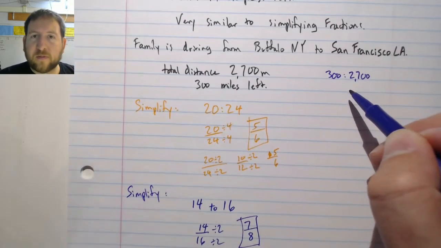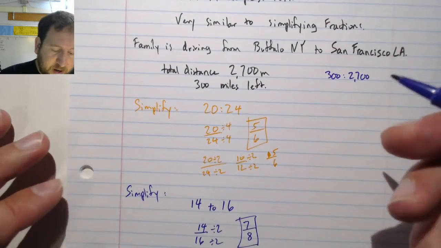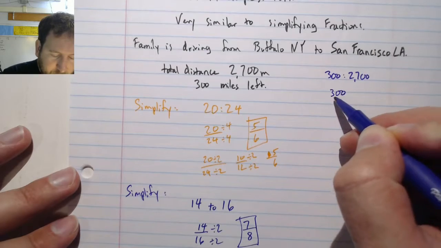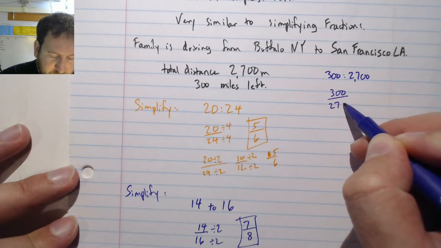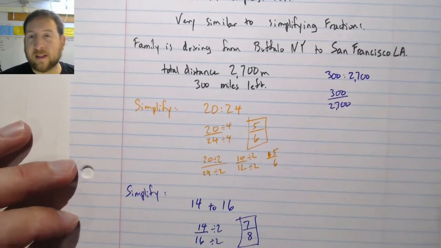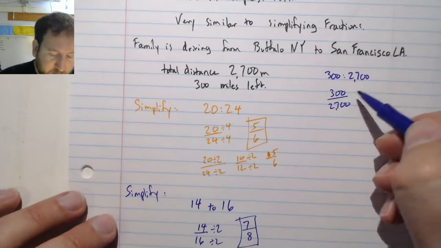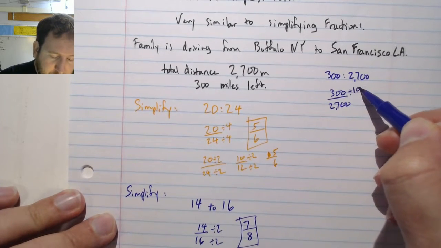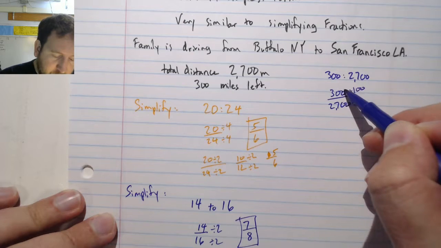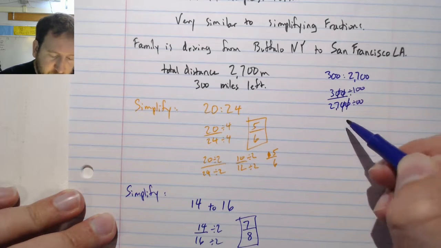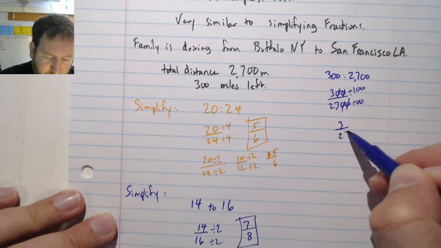If I was going to simplify this down, all I'm going to do is write it as a fraction, 300 over 2,700, and start dividing. The first thing I'm going to do is get rid of all those zeros. So I'm going to divide top and bottom by 100, which, remember, all I do then is cross off zeros, so I have 3 27ths.